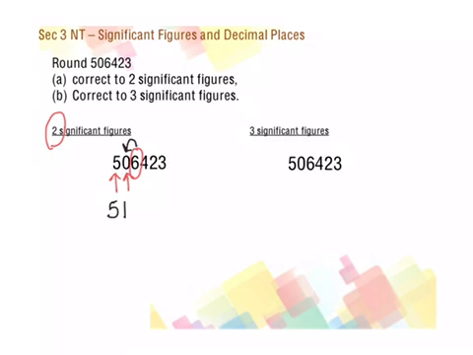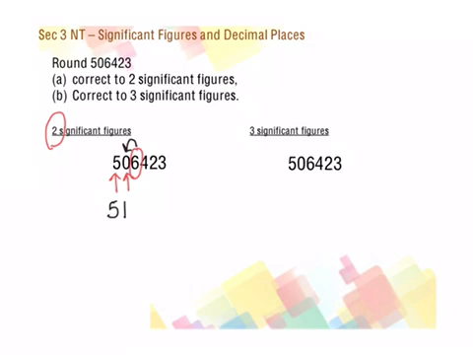In this case, this number itself has a place value. It is 506,423. So we cannot round this number to simply 51, because 506,423 and 51 are not the same place value.